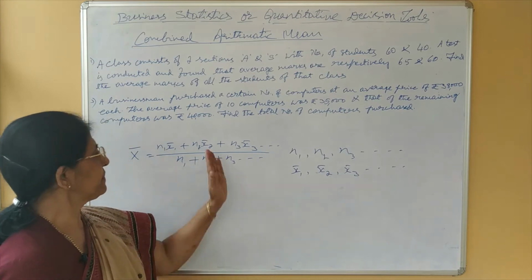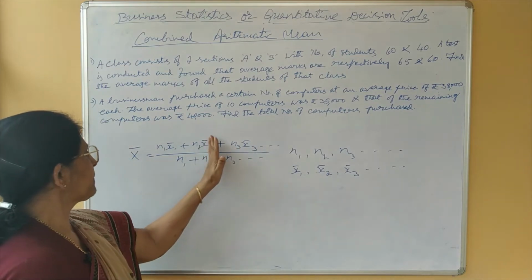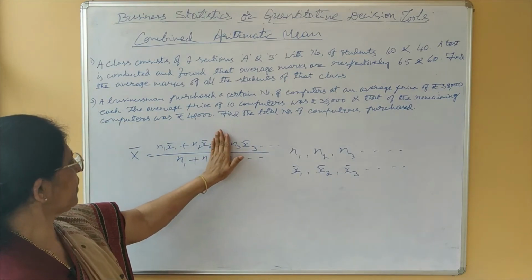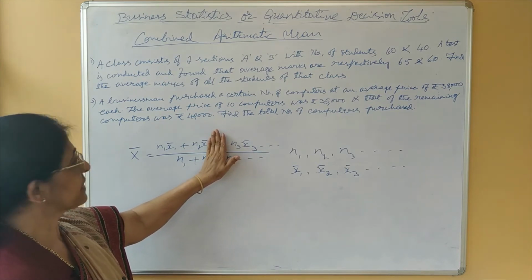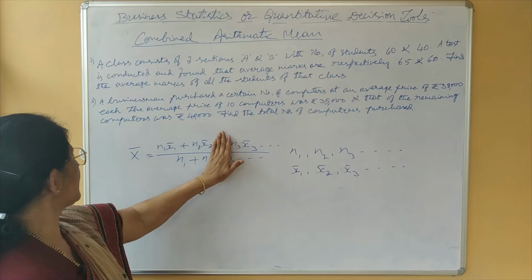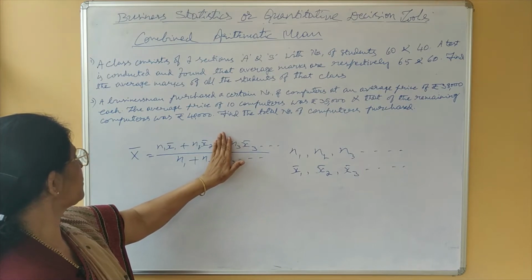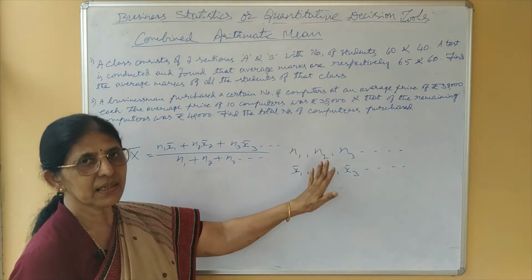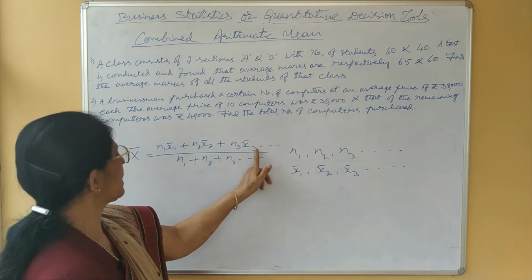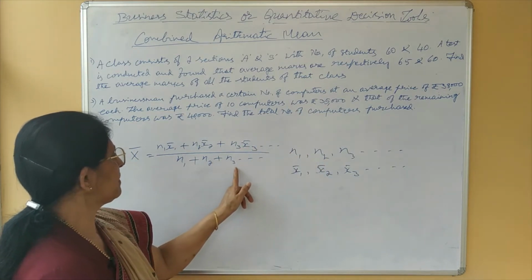If two series are there, then we have to stop at this point. The combined arithmetic mean of two series is n1 x bar 1 plus n2 x bar 2 divided by n1 plus n2. If three series are there, then we have to take up to n3 x bar 3, plus n3.